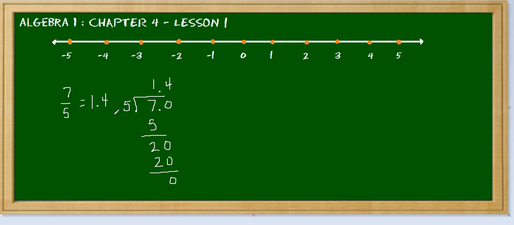Okay, but most importantly is that you understand the concept of the rational number. That number is 1.4, and that it can be expressed as a quotient, as we see 7 over 5, and we actually did that by dividing 5 into 7. So let's move on to number 5.